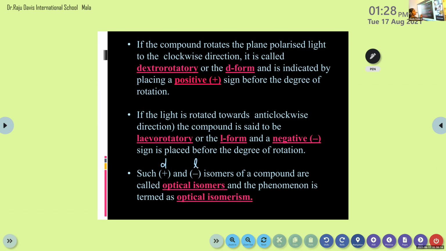Isomer means they have the same formula but differ in certain features, right? Here the rotation is different for the two compounds. Their molecular formula is the same, but the rotation differs: one is rotated in the clockwise direction, the other in the anti-clockwise direction.